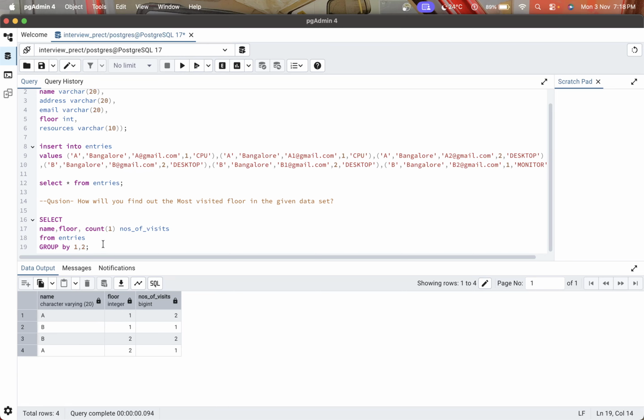What they are interested in is the most visited floor in the given data sets. If they are talking about the most visited floor, then we need to come up with another approach.